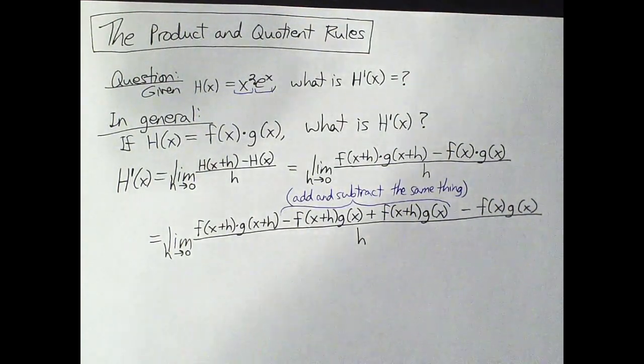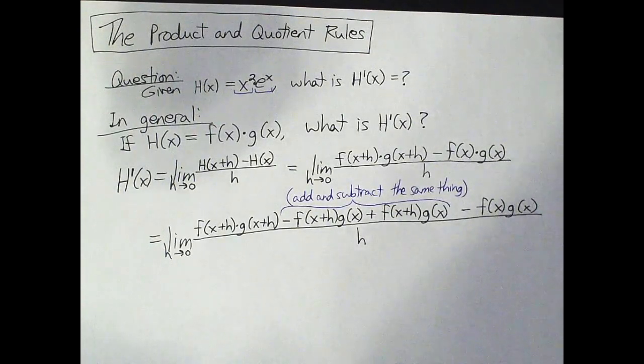And it might not really be clear yet why this is going to be useful to us. It is going to be useful, but you should at least be able to see that this is allowed, like that we didn't do anything wrong here. It's kind of like if you had some kind of expression and you decided to do plus 5 minus 5.